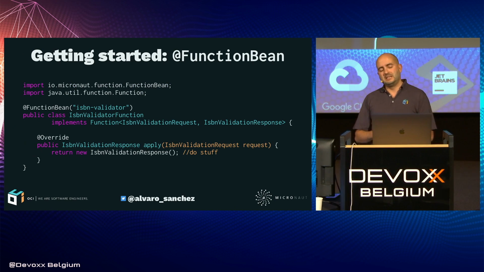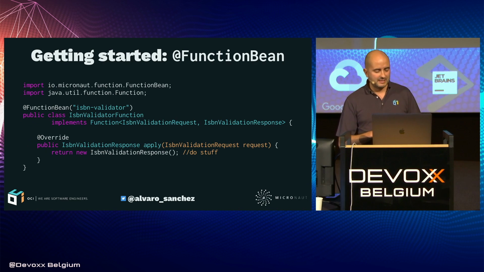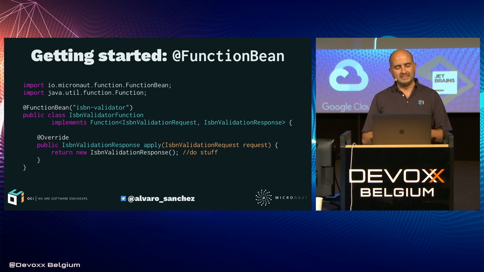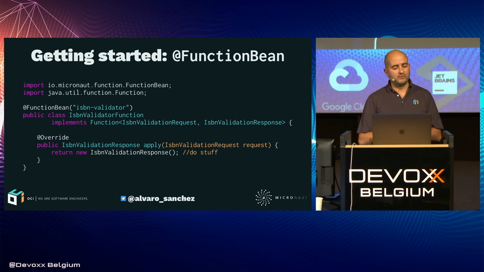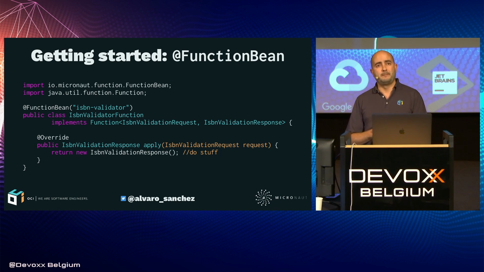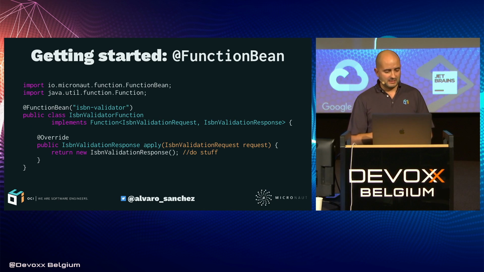In terms of serverless or functions themselves, the root of the support is the functional interfaces. We have an annotation called @FunctionBean, and that will eventually become a bean in the application context.